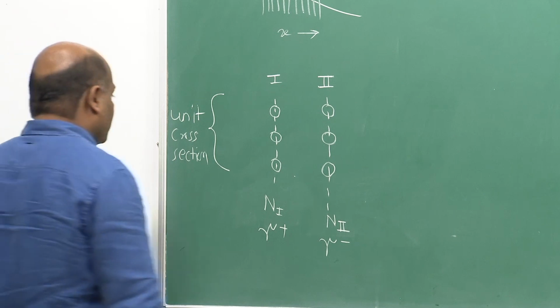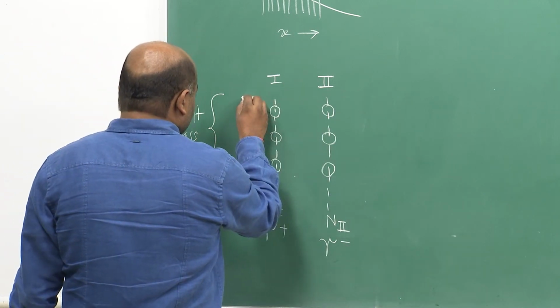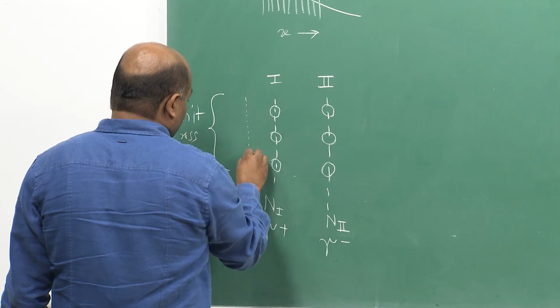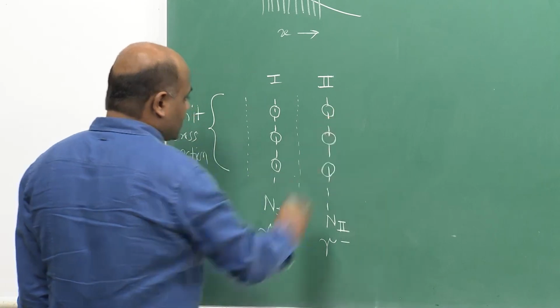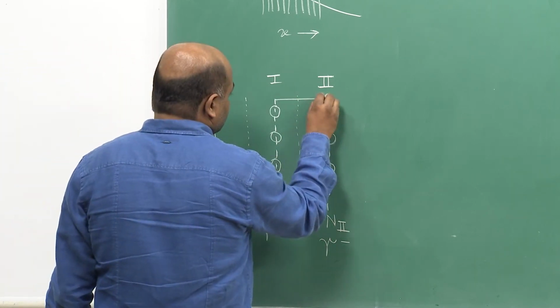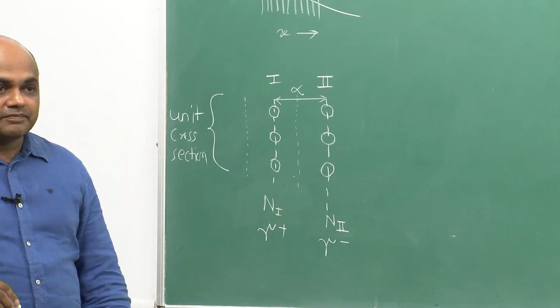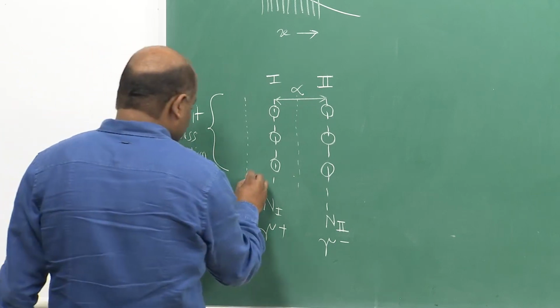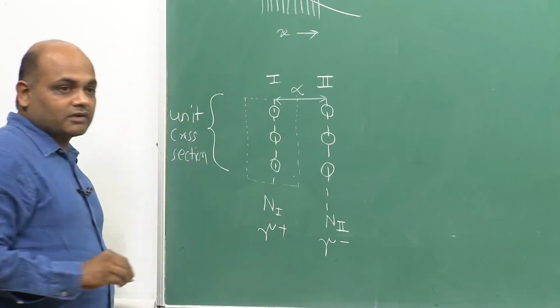Okay. We can consider equal volume element around each atomic plane, and if alpha is the interplanar spacing, then what will be the volume around each plane?